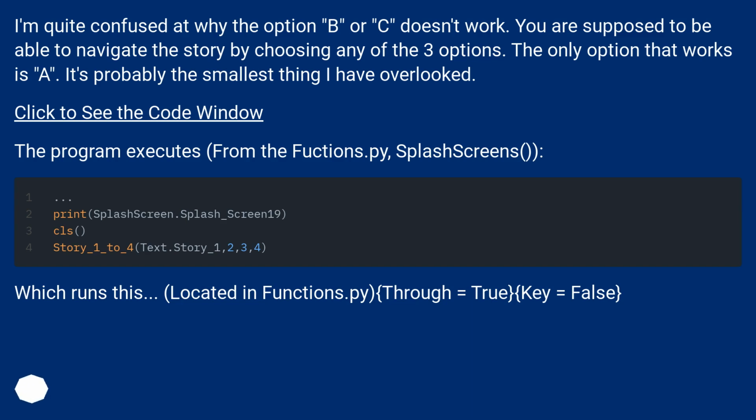Click to see the code window. The program executes from functions.py, splash screens, which runs this. Located in functions.py, through equals true, key equals false.